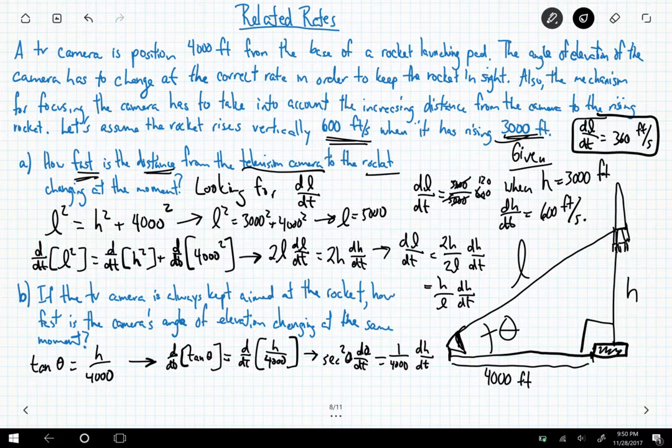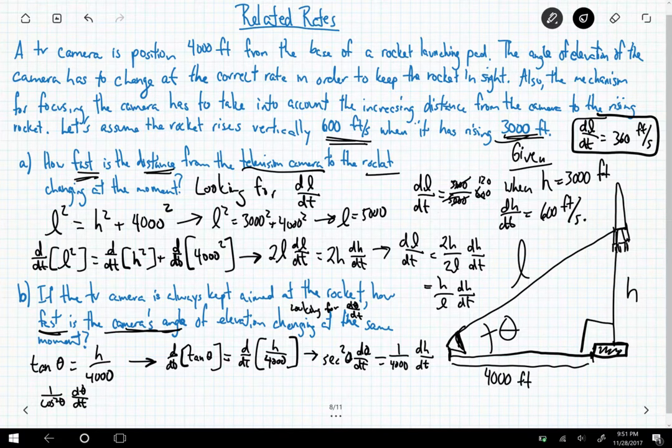So now, moving forward from here, what's secant squared of theta? Well, notice that's 1 over cosine squared theta d theta/dt. And by the way, I should have mentioned, I kind of jumped right into it: how fast is the camera's angle changing? So we're looking for d theta/dt in this case.